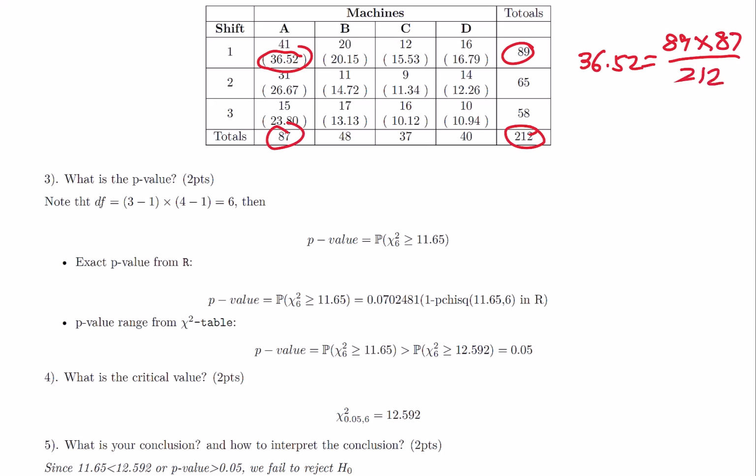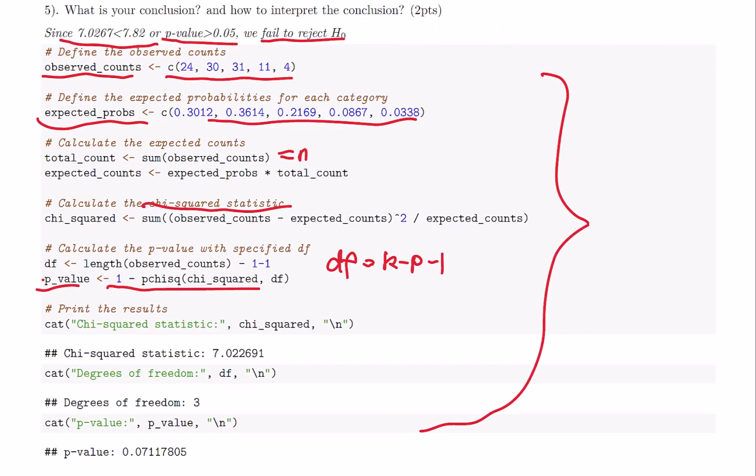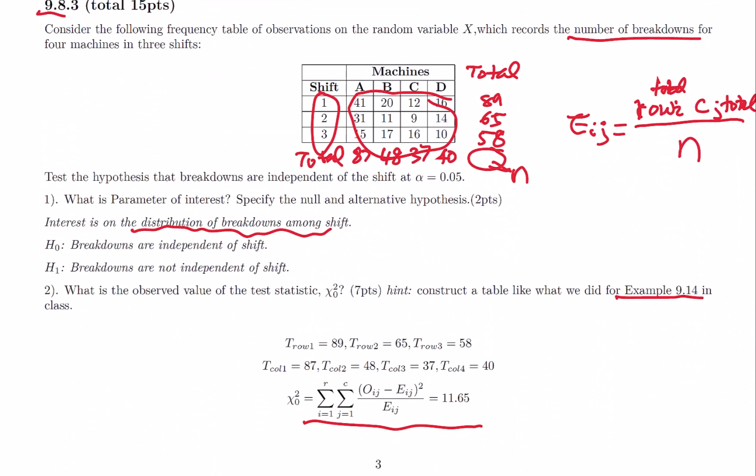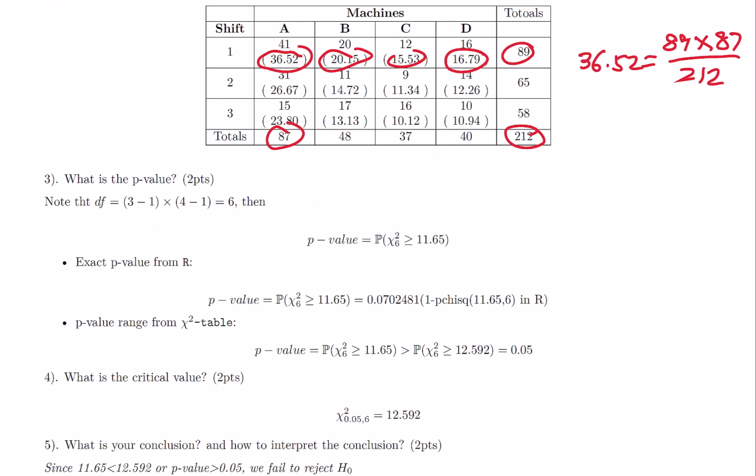And then the same thing for the others, okay? All right, after you have the observed and then expected, follow the formula, right? Right here, the formula, O minus E squared divided by E, and then add them together.